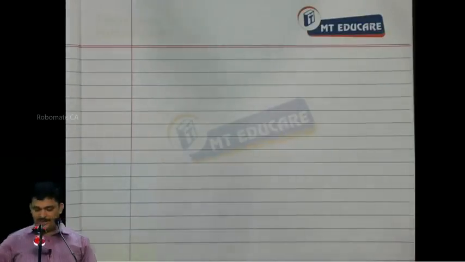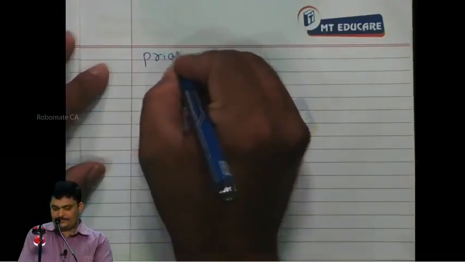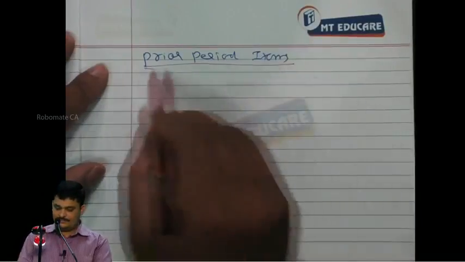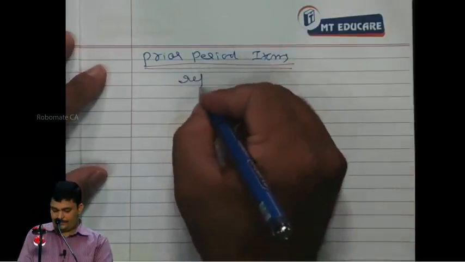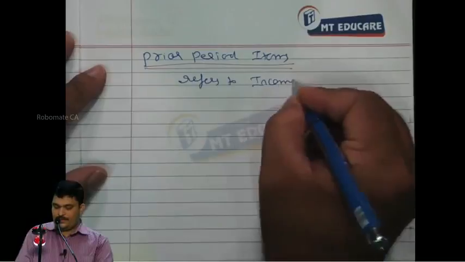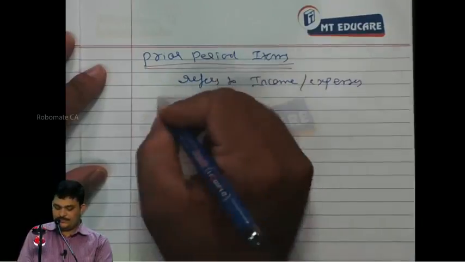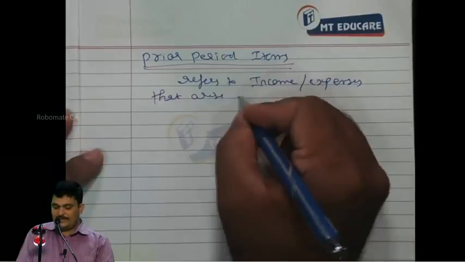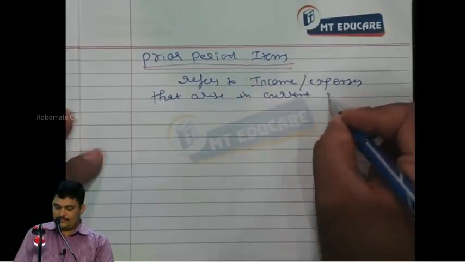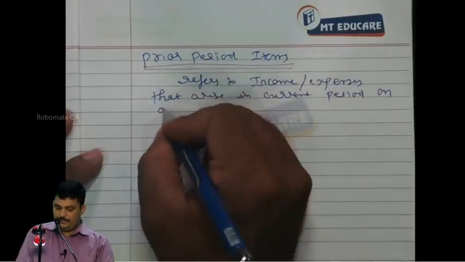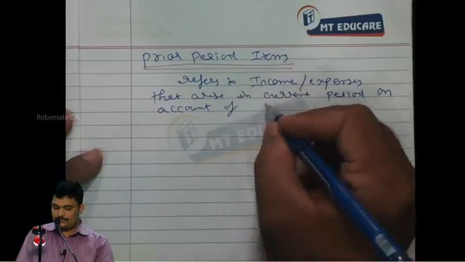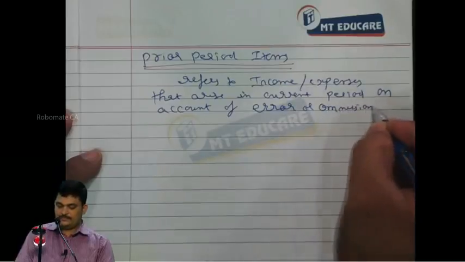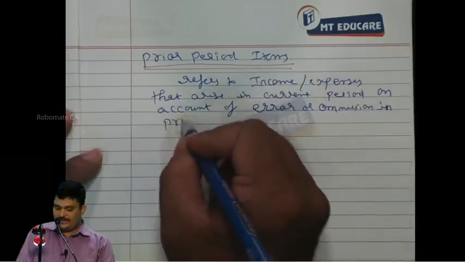Okay. We have prior period items. Prior period items refer to income or expenses that arise in the current period on account of error or omission in prior periods.